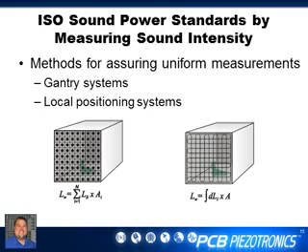Also, local positioning systems. So you've seen a lot of these little positioning systems, like with video game systems, where it'll say, well, this is the orientation of the controller, this is the position in space, I'm collecting that data now. People have been hacking, for lack of a better term, these positioning systems in order to be able to take these measurements more accurately.